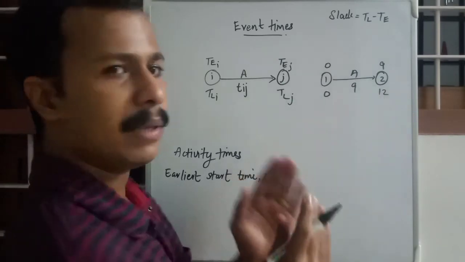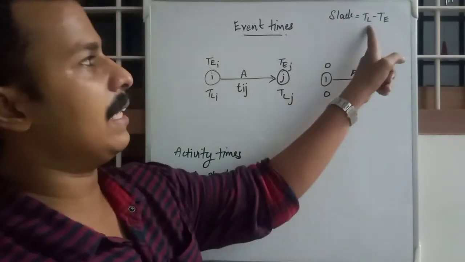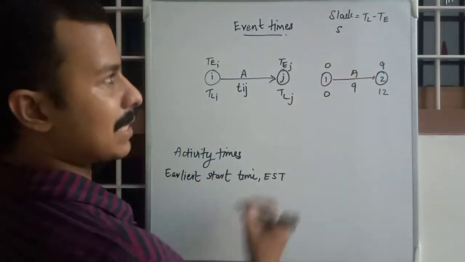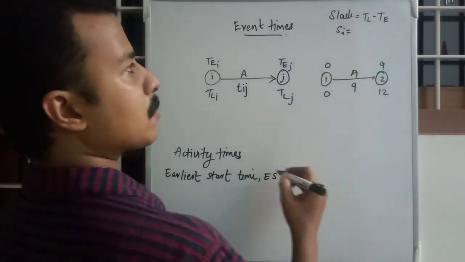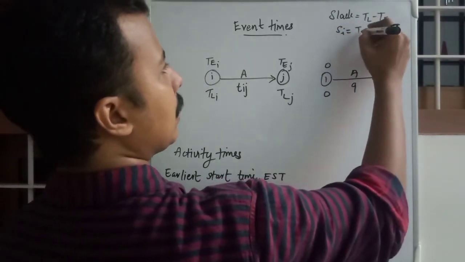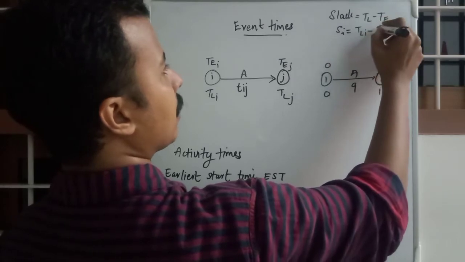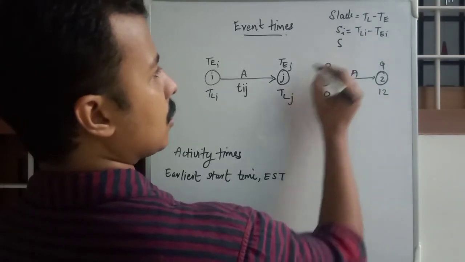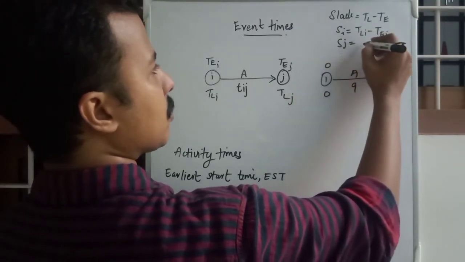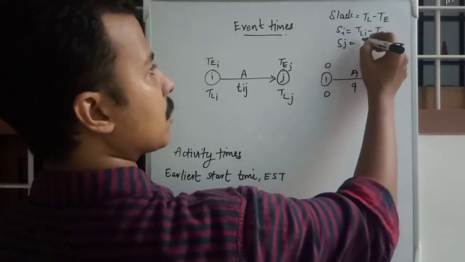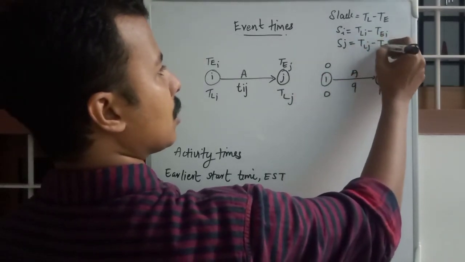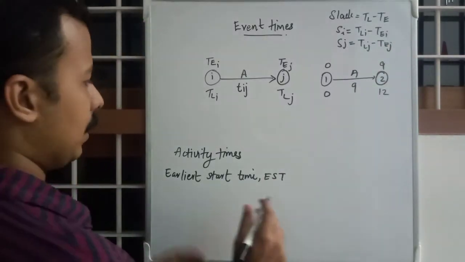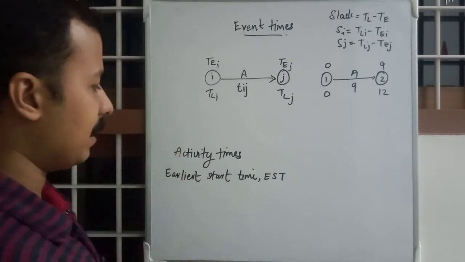Obviously TL values will be greater than TE values, so TL minus TE. Slack can be expressed as S, so SI is TLI minus TEI. Similarly, slack of event J is TLJ minus TEJ. Okay, clear, that's it.